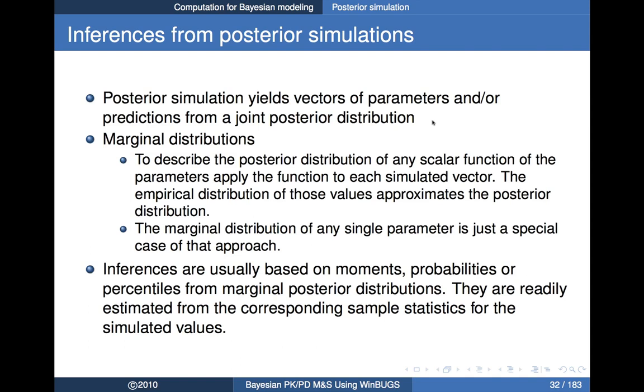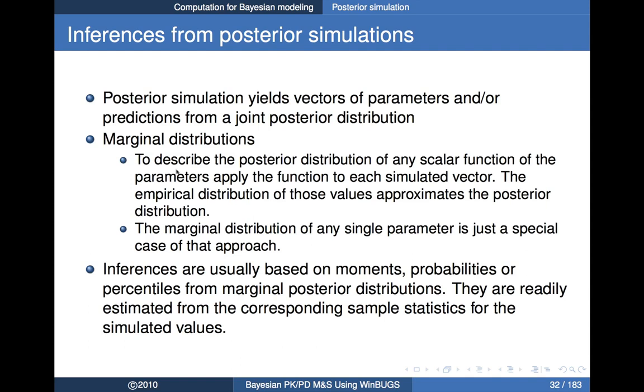So you can get those whole collections, but in a number of situations, what we'd really like to do is make inferences about the individual parameters, and to do that we need to talk in terms of the marginal distributions, in other words, marginal posterior distributions, not joint posterior distributions. And how do we do that?